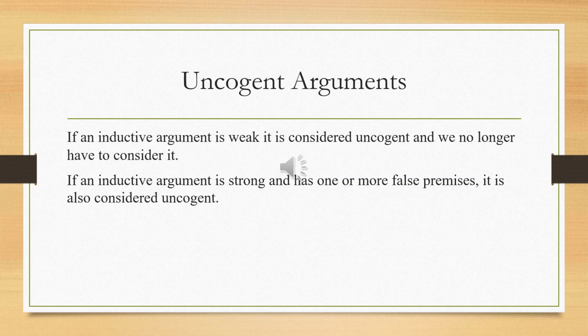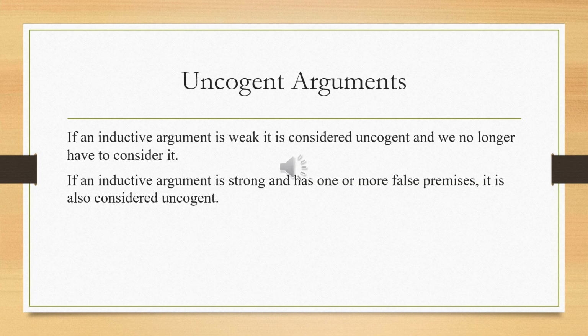Now, how can a strong argument be uncogent? Well, very simply, if it has at least one false premise. If one of the premises is actually false, not hypothetically false, but actually false, then even if the argument is strong, it will be uncogent and it will fail the second test.